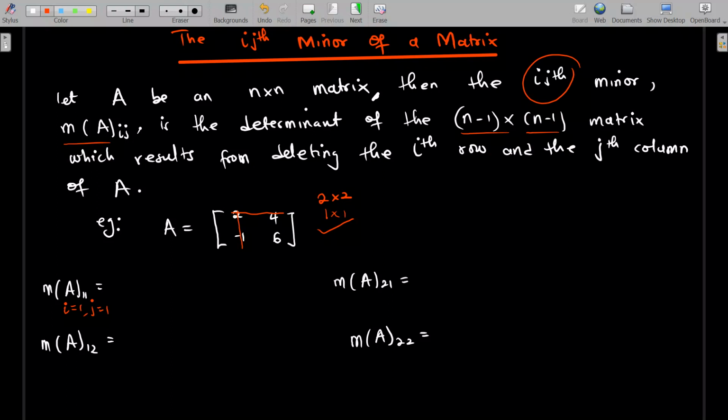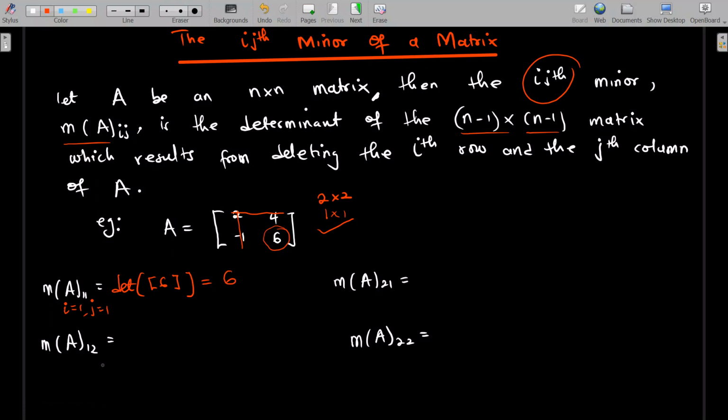The matrix that will be left is this 6. So I'm going to look for the determinant of the matrix 6. This is a 1 by 1 matrix, and we said the determinant of a 1 by 1 matrix, or a scalar, is just the scalar. So that is it.